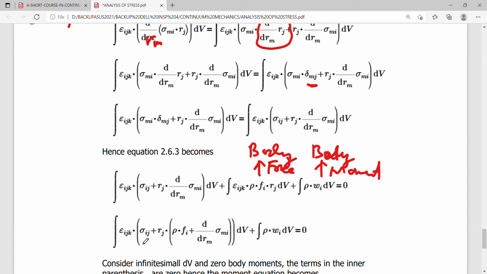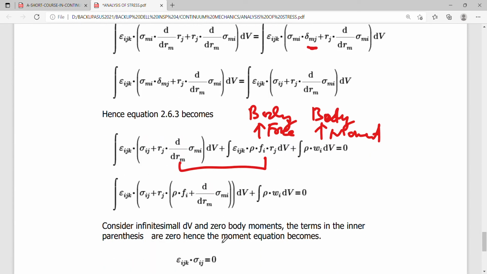So this is an epsilon i j k r_j dv. So I have this added to the rho f_i there, this one. And take note that this term inside the second parenthesis vanishes to 0 simply because as delta v approaches 0, the body force and the derivative of the stress tensor cancel each other.